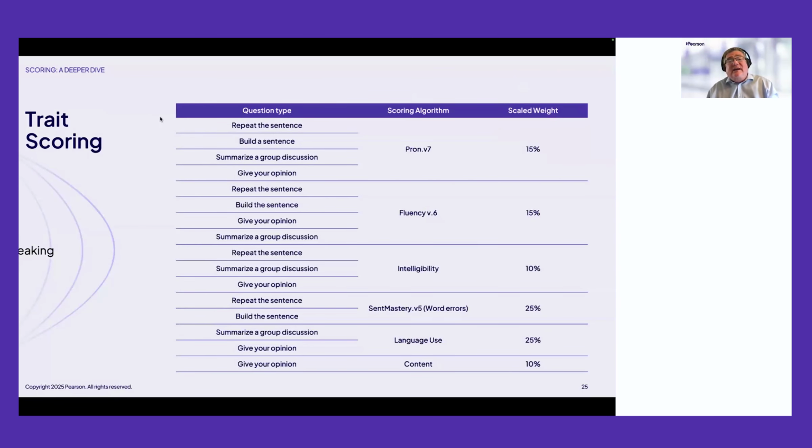Now, as I said, this is the deepest we'll get into the actual scoring. So we went through those different question types, and these question types within our scoring system basically model onto a scoring algorithm.